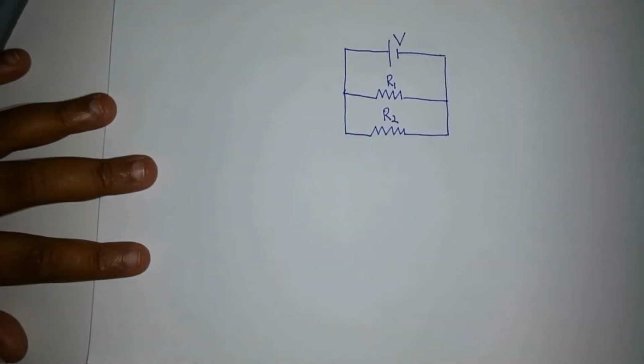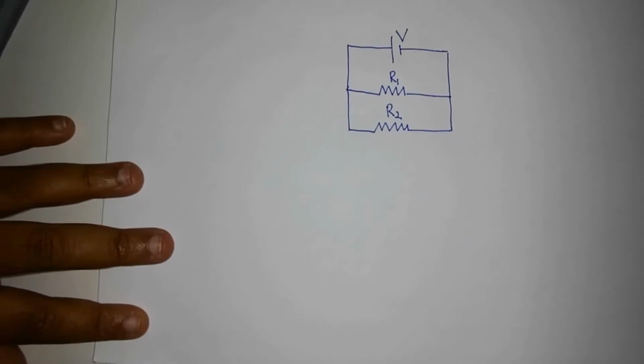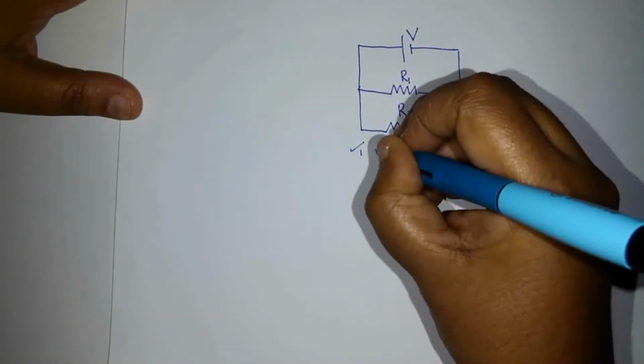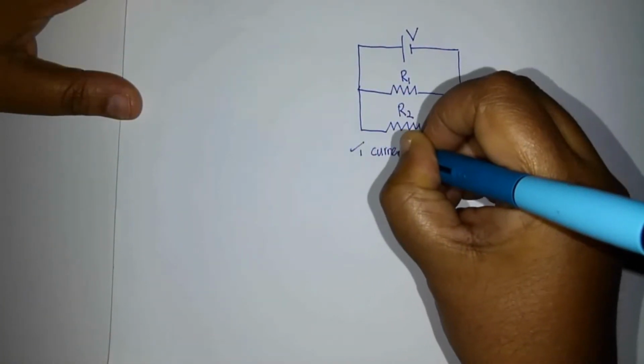First things first, I'm going to draw a current arrow. Let me go step by step here.